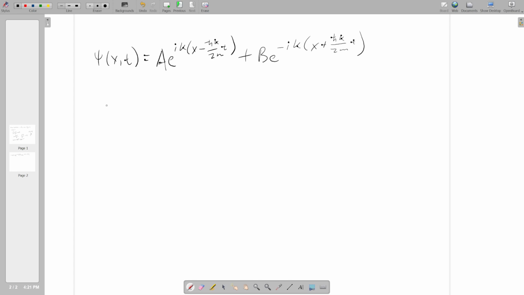So if we have x plus or minus some variation of t, we can see that this is a wave of unchanging shape moving in a direction, and in the opposite, right? If we have a plus, it's moving in the negative direction. And so this is important for understanding what our next step is going to be.